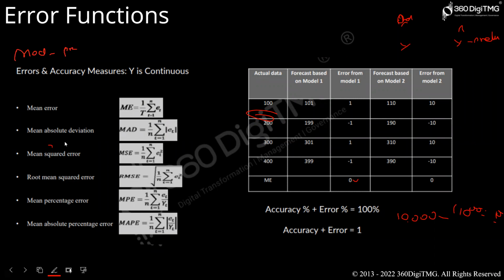The popular accuracy measure is root mean squared error. There are other error metrics for numerical data, such as mean absolute percentage error.